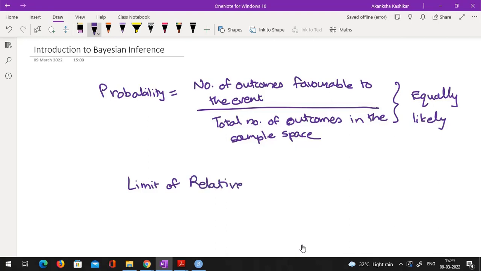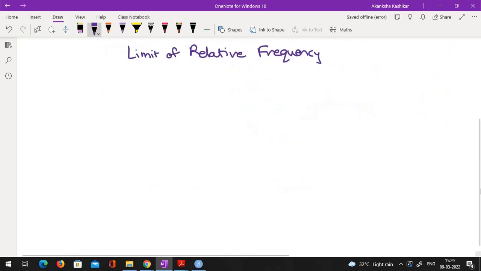So in statistics, there are two schools of thought or two schools of methodologies. One of them is what we have been learning since BSc first year. That is known as the frequentist approach, or the classical approach, because of course it is quite old.